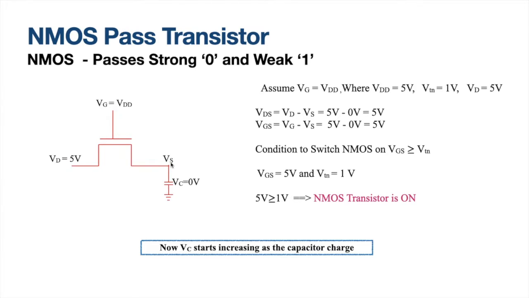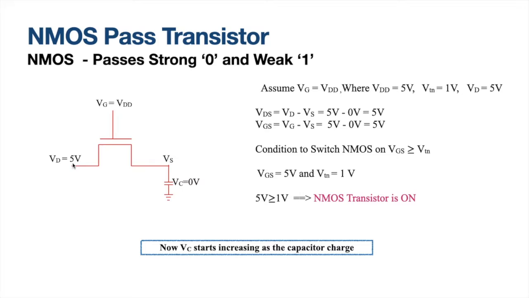At the output, we are connecting a load capacitor. The voltage in this capacitor is mentioned as Vc. For our assumption, we are initially discharging the complete charge in the capacitor and mentioning it as Vc equal to 0 volts. Therefore, Vs becomes 0 volts.